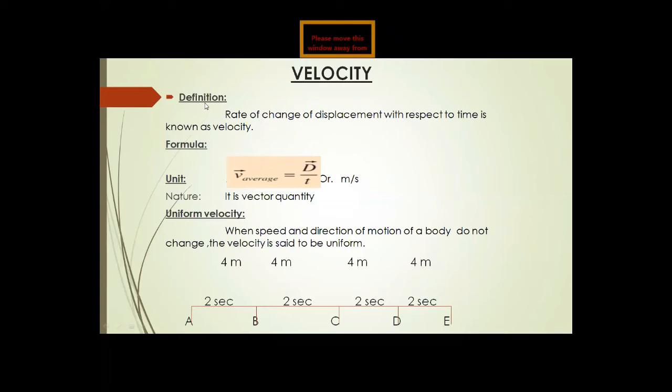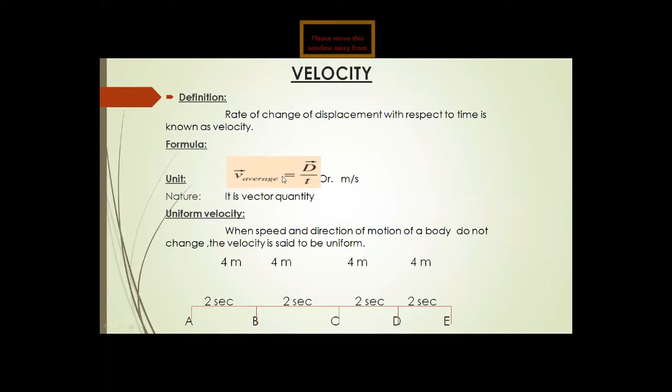And the formula of velocity will become velocity is equal to displacement upon time. And symbolically, we can represent velocity as v with an arrowhead over it, and displacement as d with an arrowhead. So distance will become displacement, divided by t.